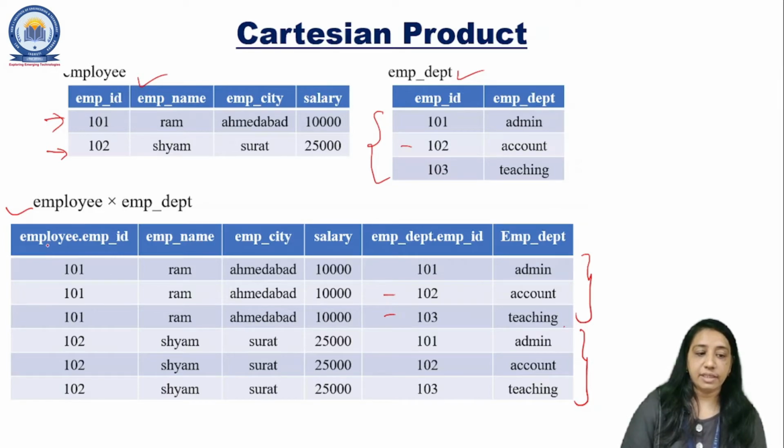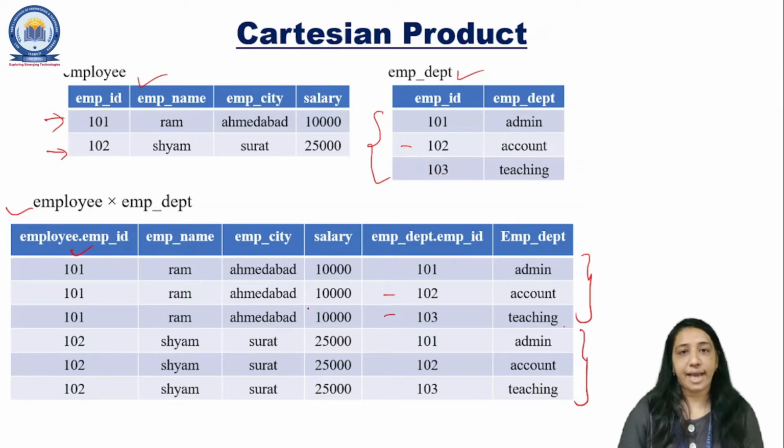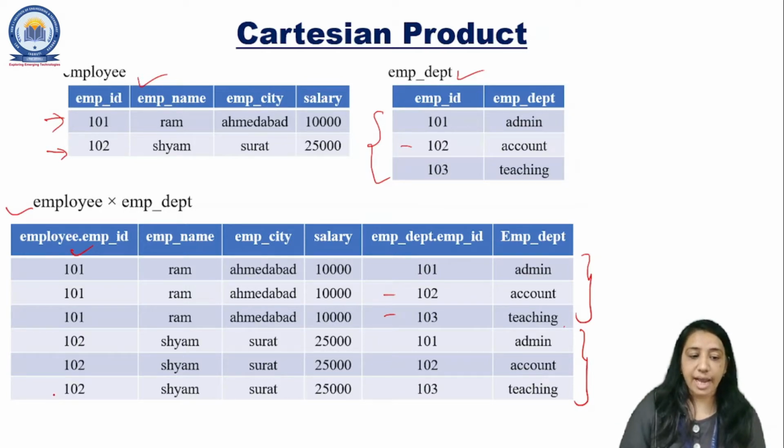You can see here employee dot EMP ID, that means these IDs are of the employee table. Here these IDs are of the EMP_department table, so EMP_department dot. In this way you can differentiate an attribute if it is common.